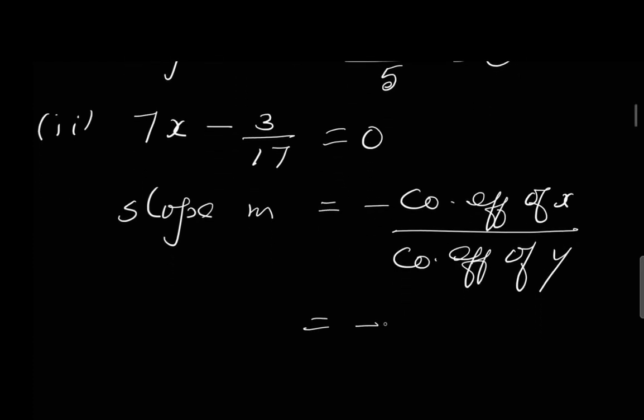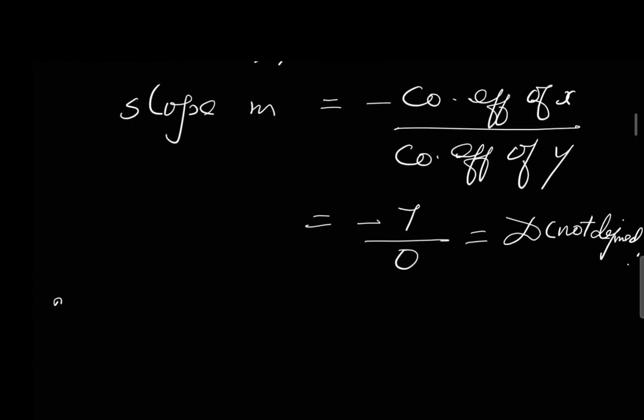Coefficient of x is here 7. Coefficient of y: no y term here, so just 0. So minus 7 by 0. If we get 0 in the denominator, the number is not defined. Infinity. Not defined. We cannot define the number. This is the answer.